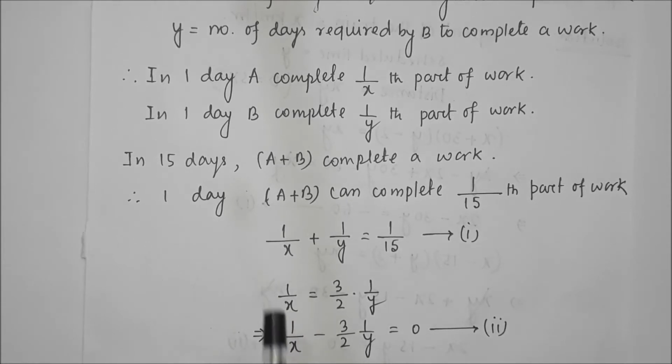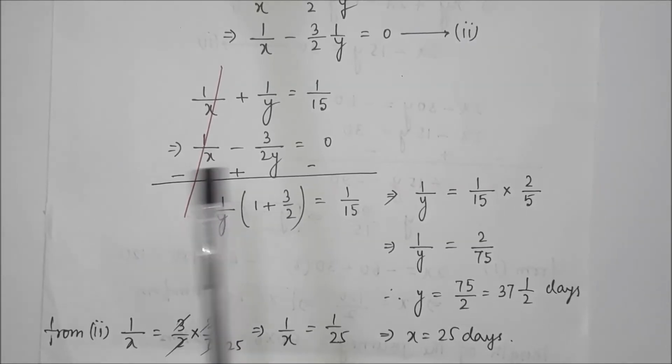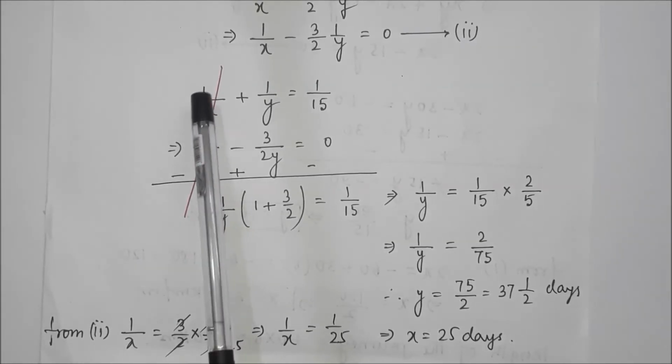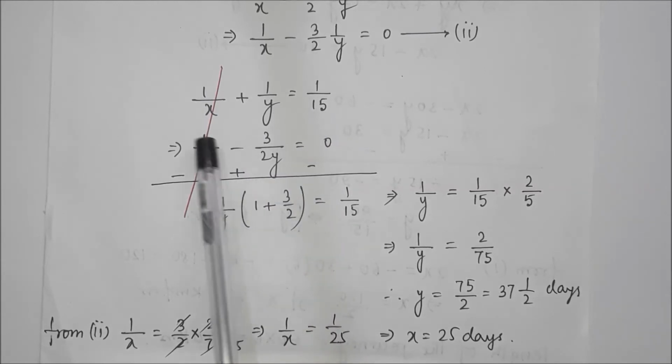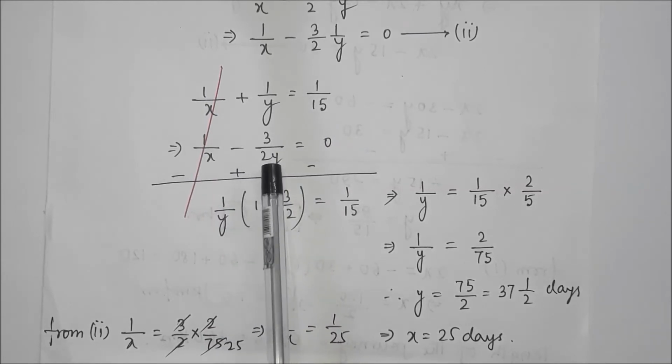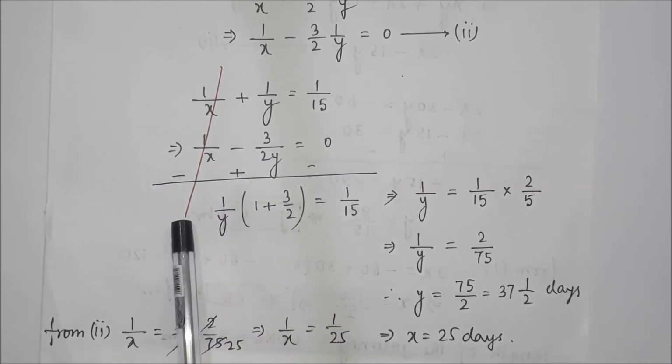Now since here the coefficient of 1 by x is the same, I prefer to use the elimination method. You can use the method which you are comfortable with. So if I apply the elimination method, 1 by x plus 1 by y equals 1 by 15, and 1 by x minus 3 by 2y equals 0. Signs change, x will get cancelled.